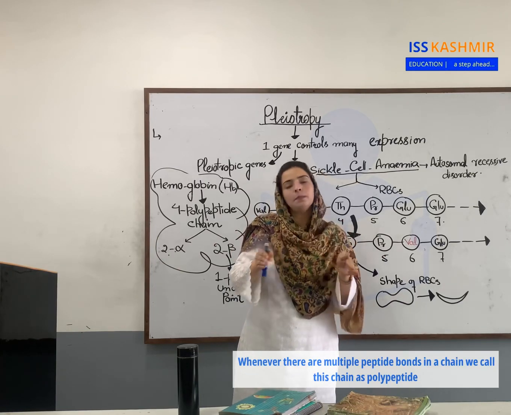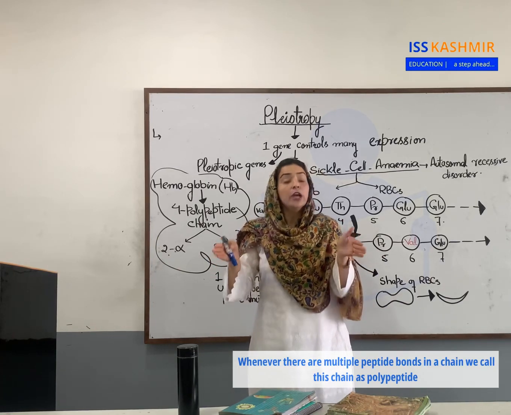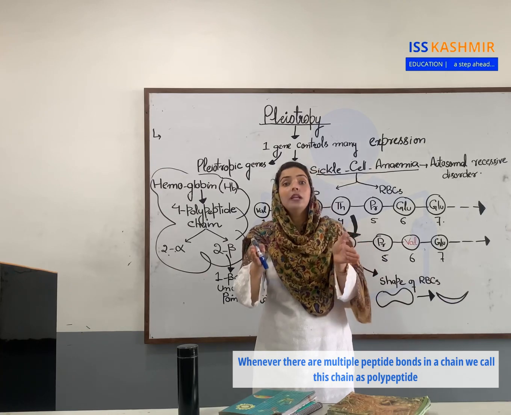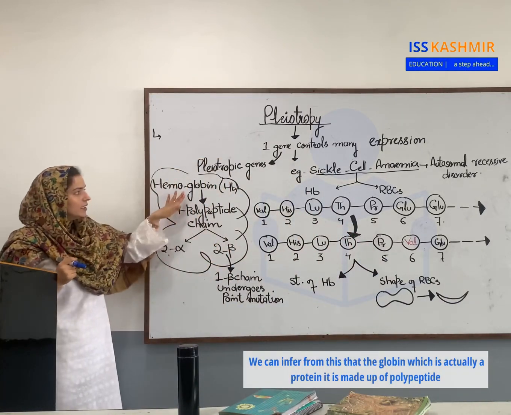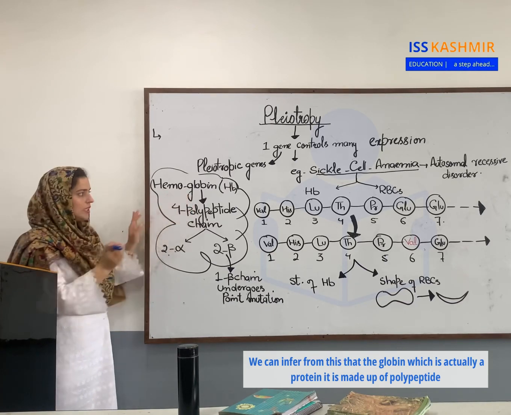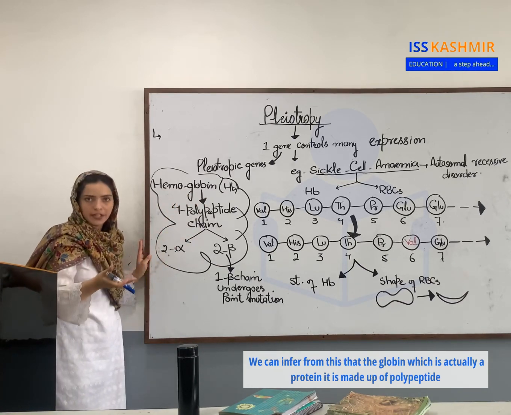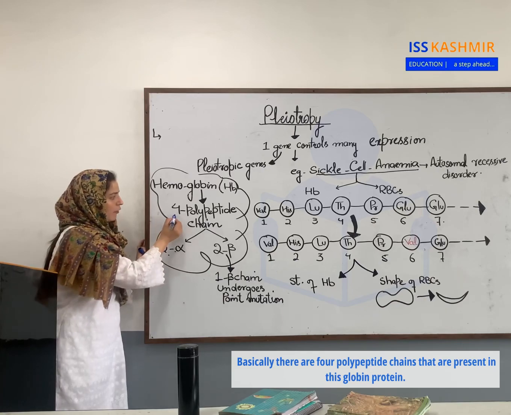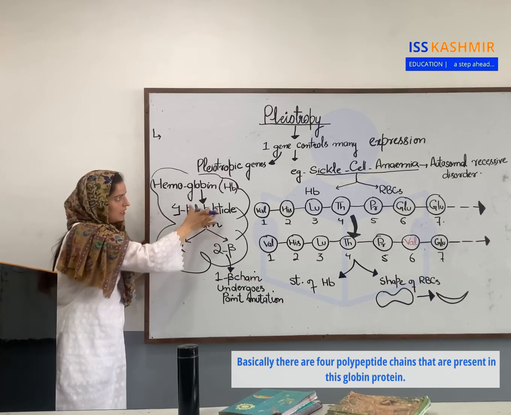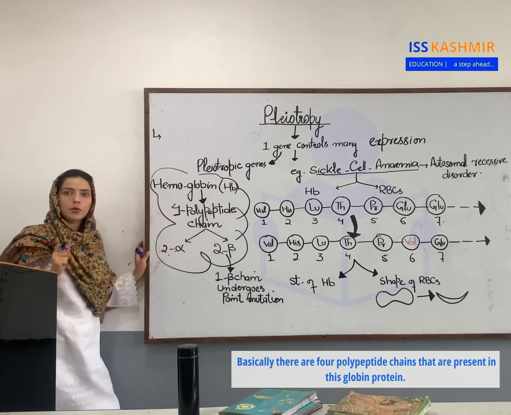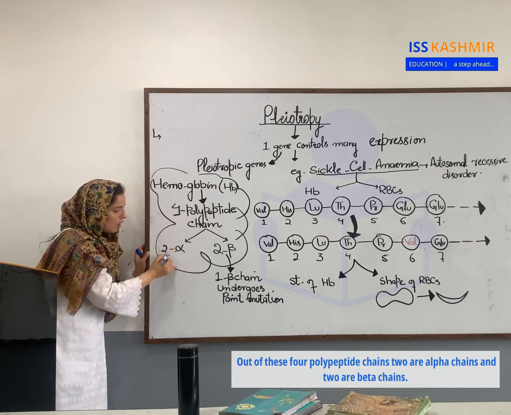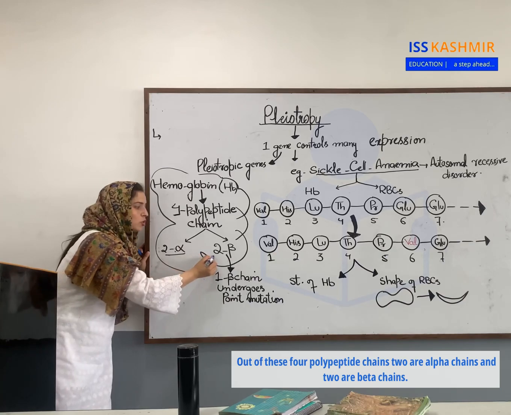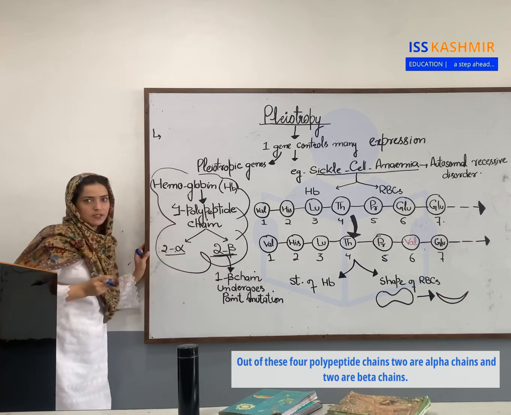Whenever there are multiple peptide bonds in a chain, we call this chain a polypeptide chain. We can infer from this that the globin, which is a protein, is made up of polypeptide chains. Basically, there are 4 polypeptide chains present in this globin protein. Out of these 4 polypeptide chains, 2 are alpha chains and 2 are beta chains.